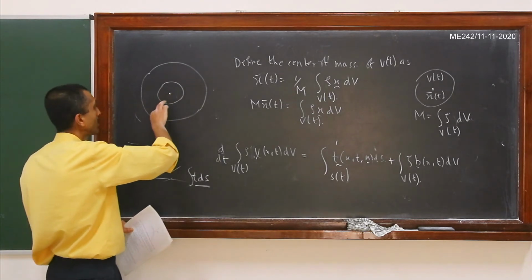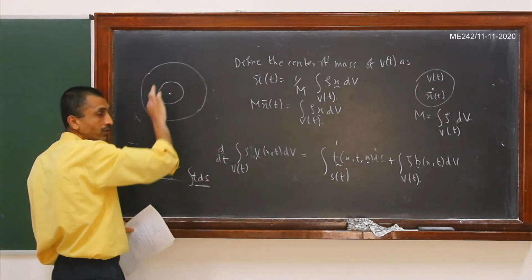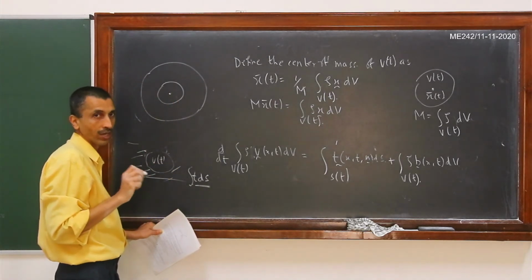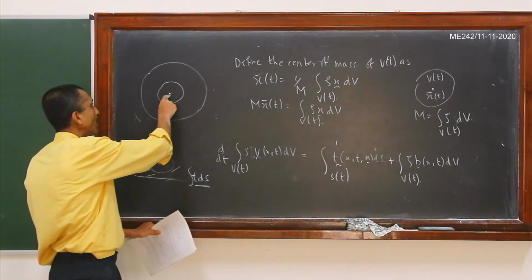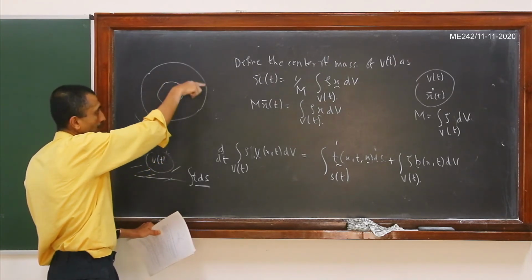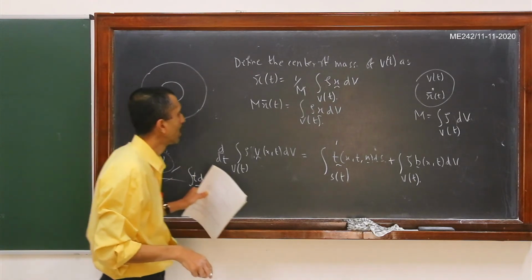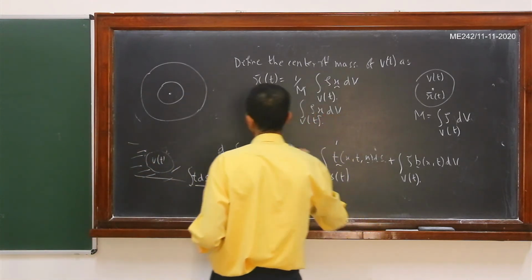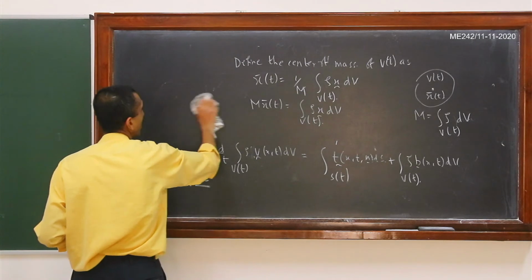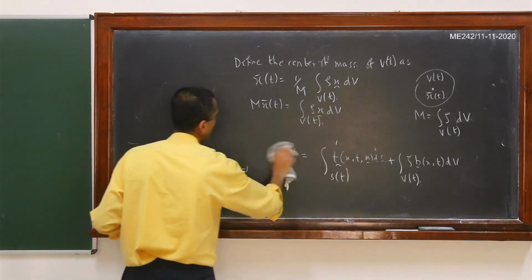It need not correspond to an actual physical point on the body, but its position will be at the center in this example. So let us differentiate this relation and see what we get.